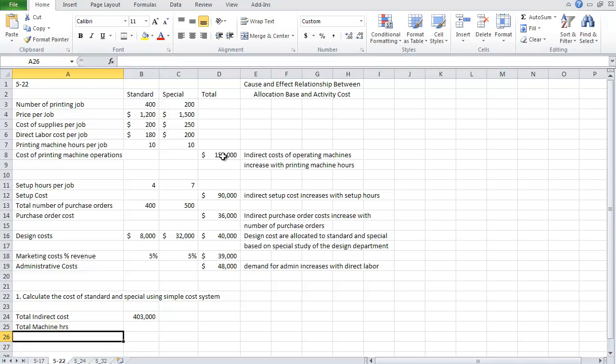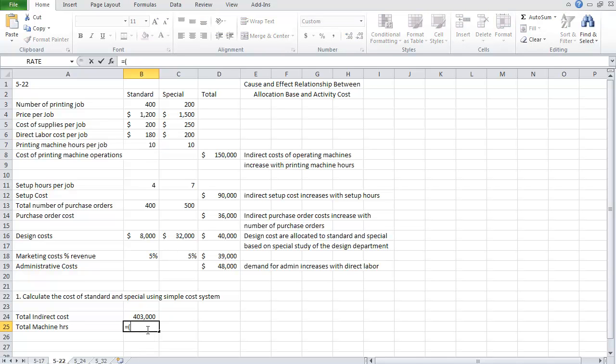So the next job that we have to do is to calculate our machine hours. Now, looking up here, we know we have 400 standard print jobs, 200 special print jobs, and therefore we know that each job requires 10 hours each.